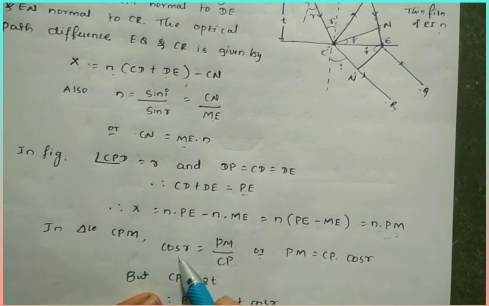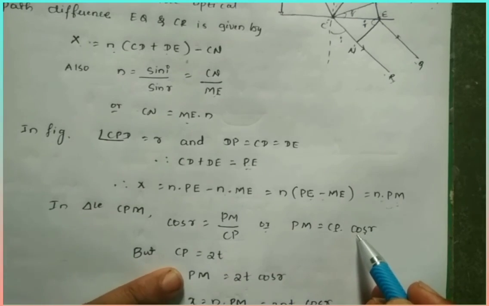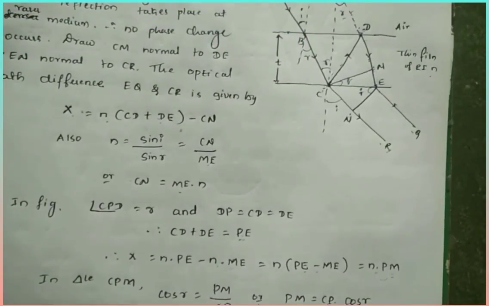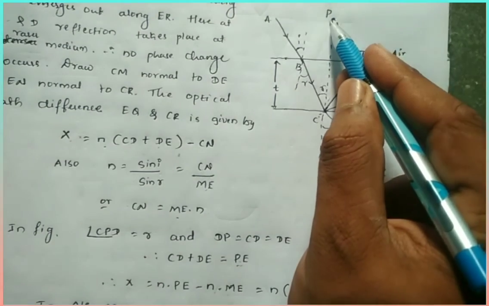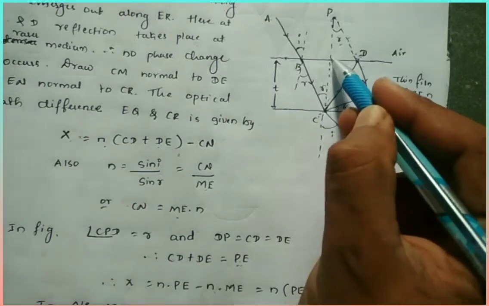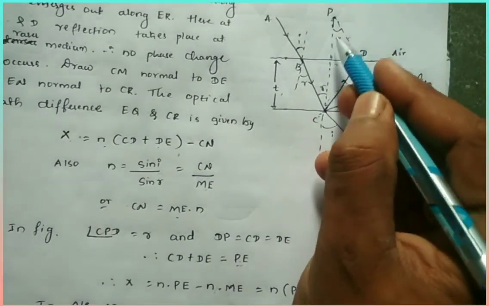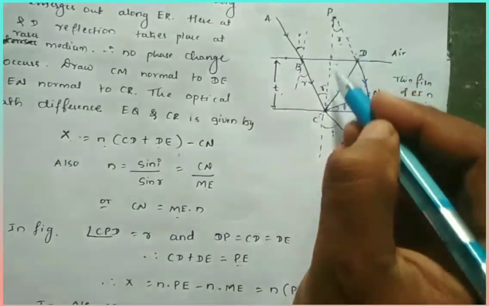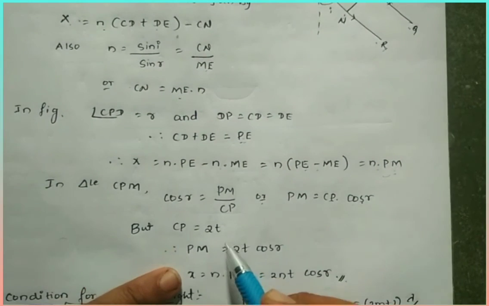CP taken to this side, so CP into cos r. We know that CP, from here to here is t and plus t, so CP is 2t. So CP equal to 2t.